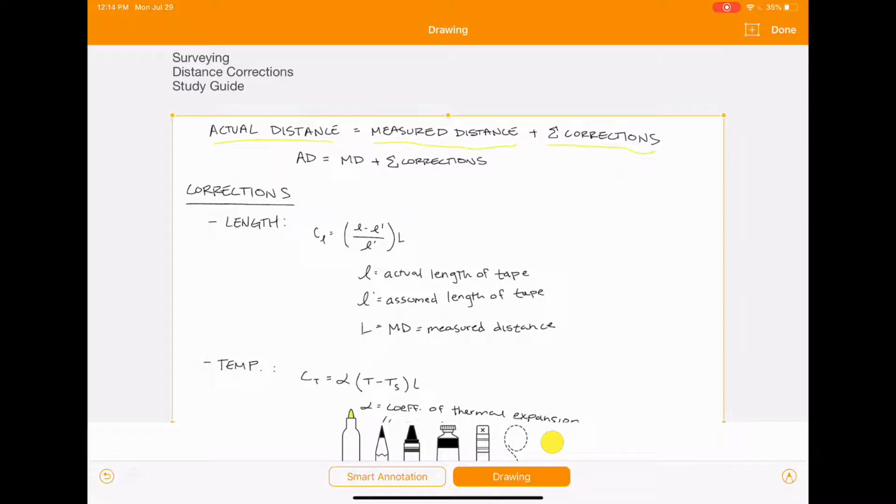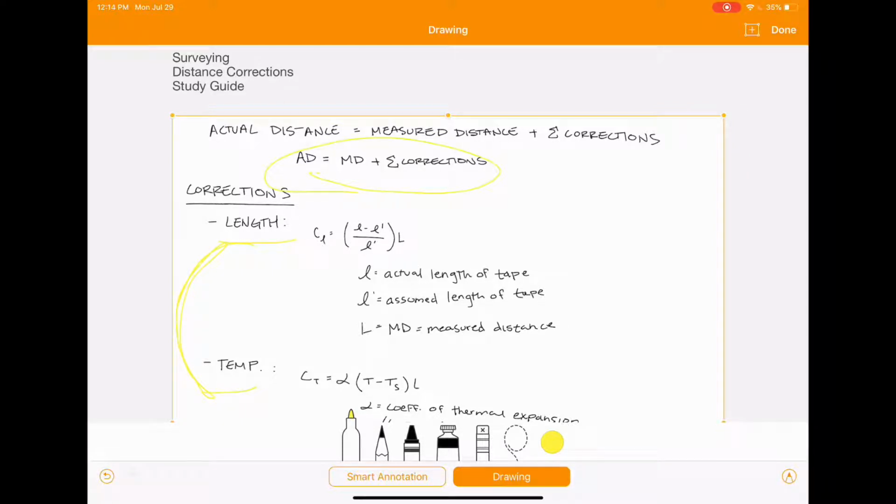Now, in the written example that I gave you, I only did these corrections one at a time. However, there may be situations where you have a length and a temperature correction that you have to account for. So you just take both of those corrections, add them together, and plug them into this equation.